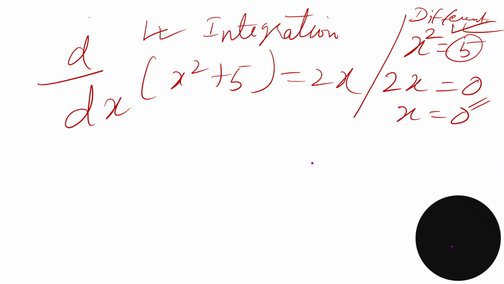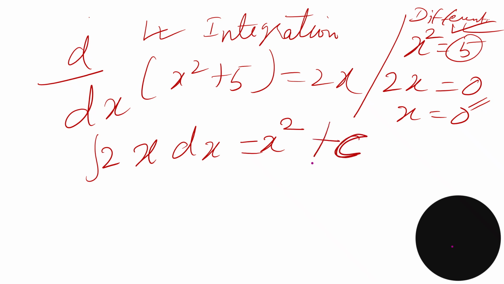If you are integrating 2x, the plus 5 became 0, and we get 2x square by 2, the 2 will cancel, plus c. The constant is there because many different functions have the same derivative.